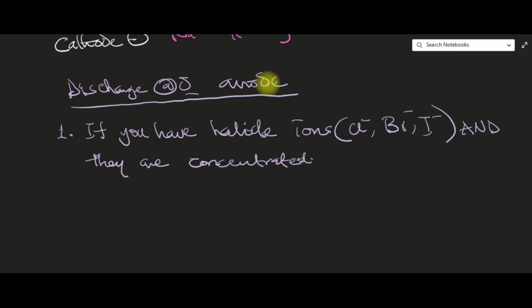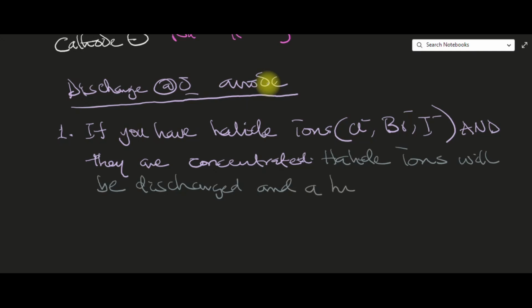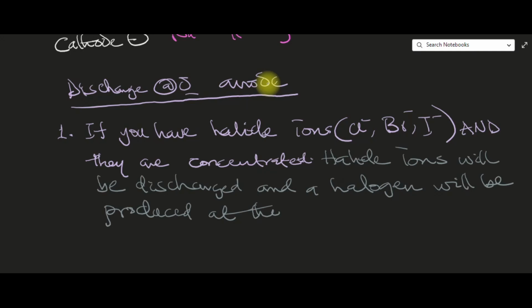I will say halide ions will be discharged, and halogen will be produced at the anode.